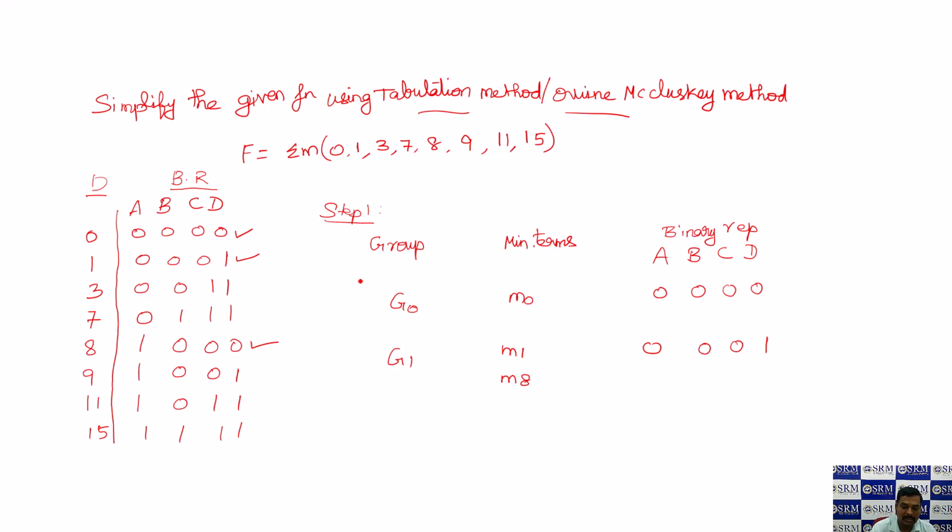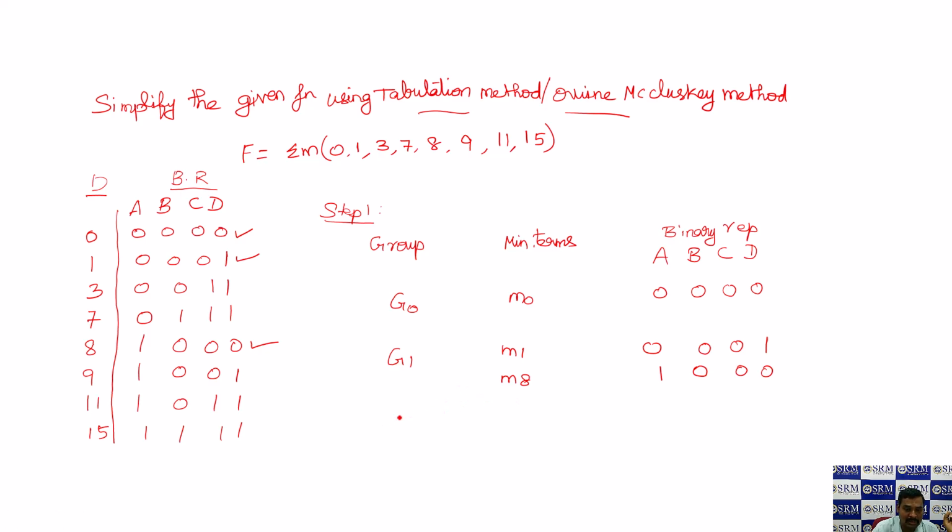So M8 is 1 0 0 0. Now I'm going to analyze whether any other binary values have only 1 one. No, there are none.